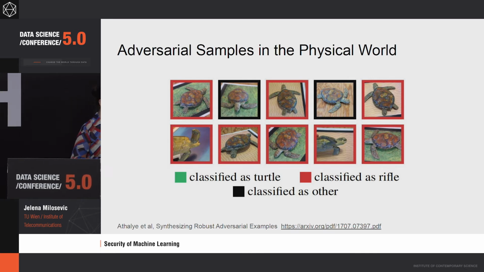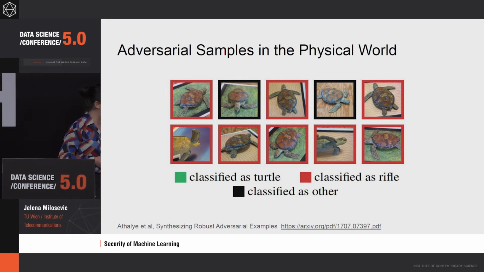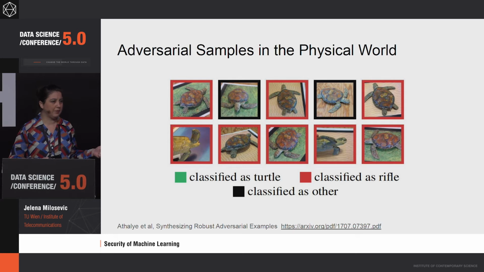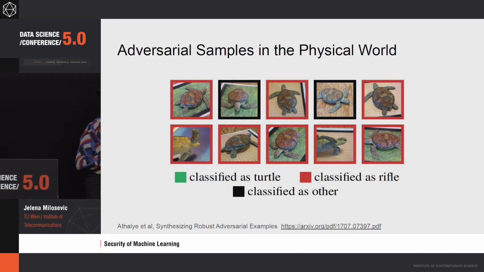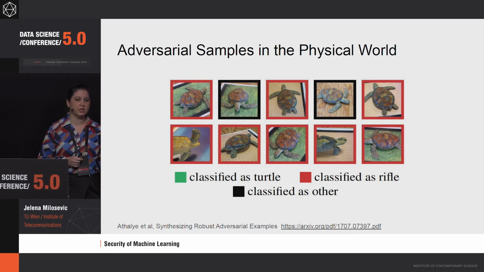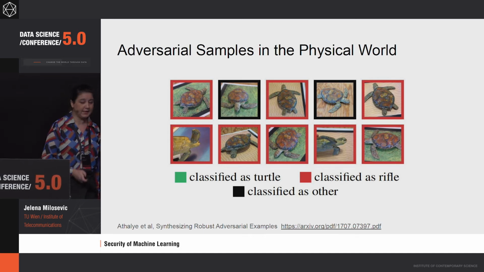And what we can see here is that misclassifications have happened in all the cases. This turtle was classified as a rifle almost all the time, and not even a single time as a turtle. And what is interesting here is that the very same system, without these adversarial perturbations, was able to say with 100% that this is a turtle, right? Something that a human sees immediately.